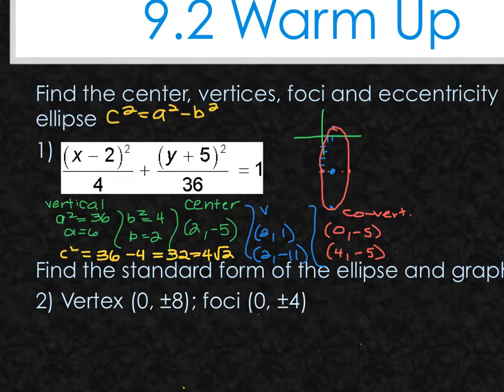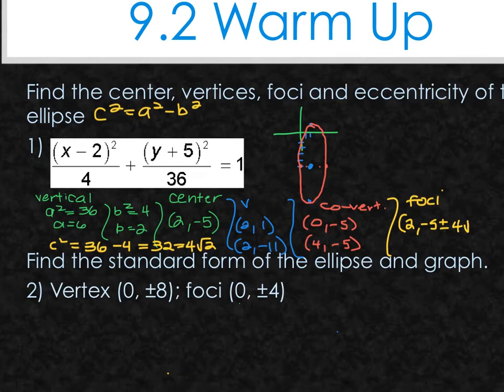The foci are on my major axis, so I'm adding and subtracting it from the y coordinate of my center. So I would take (2, -5), add and subtract 4 root 2.